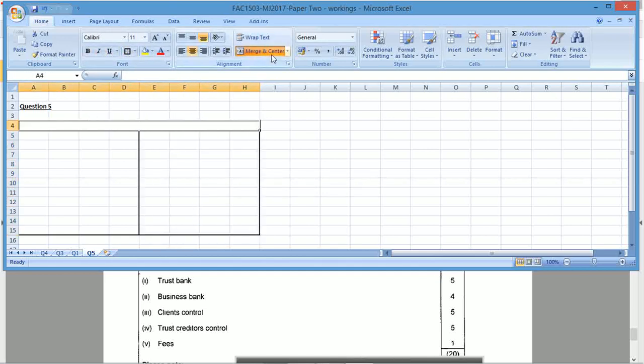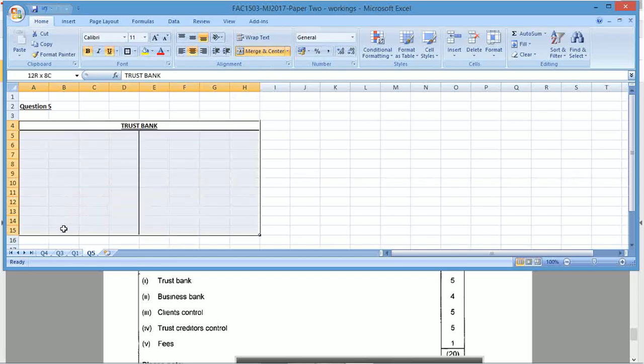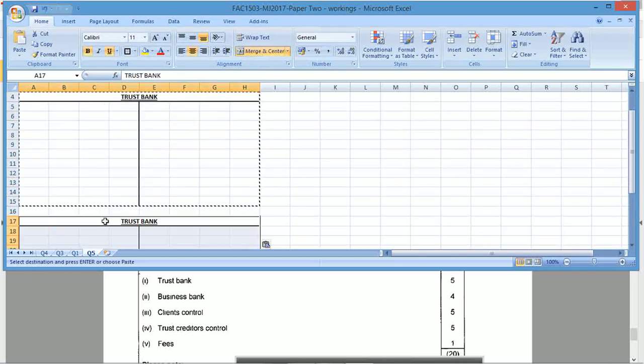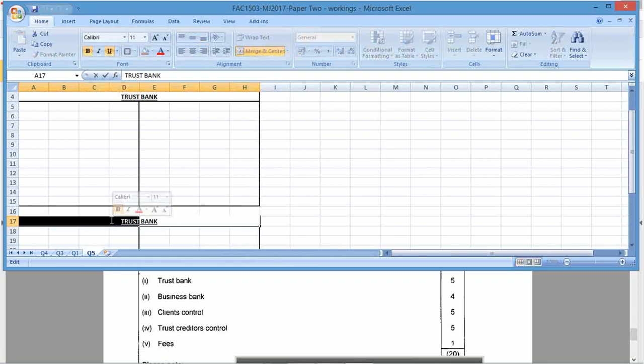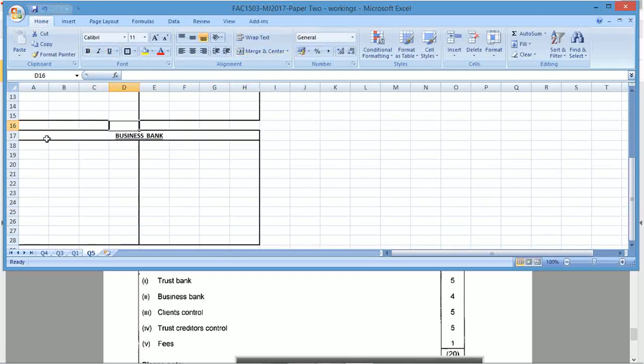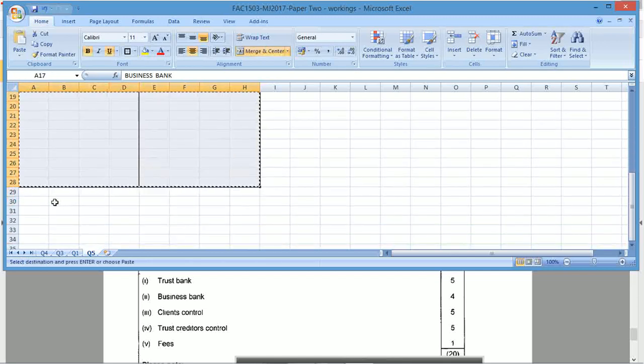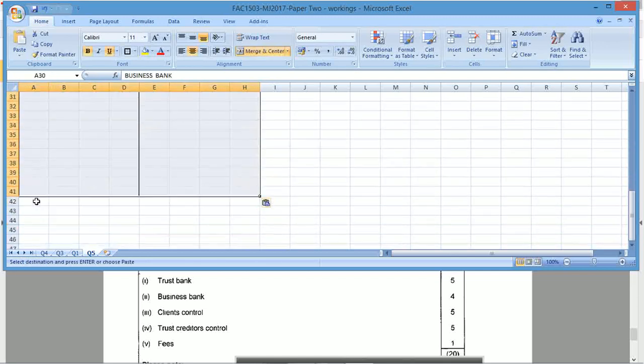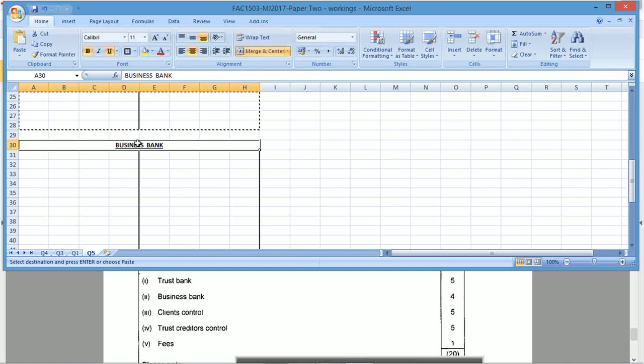Just take out something similar to this in the exam. Okay, trust bank accounts. Business bank account. Client control. Trust creditors.